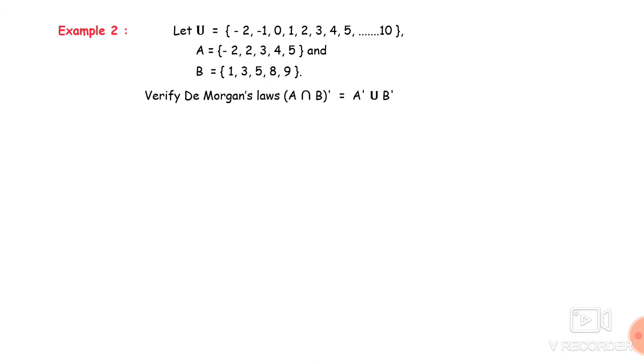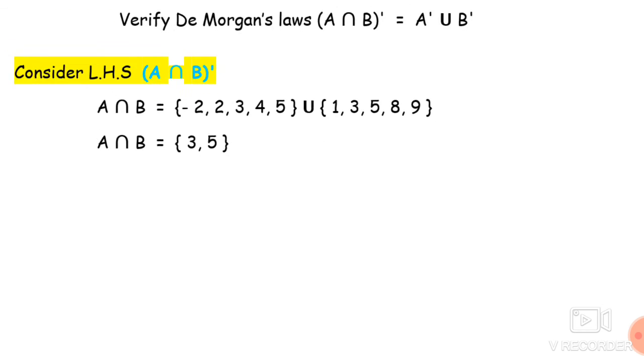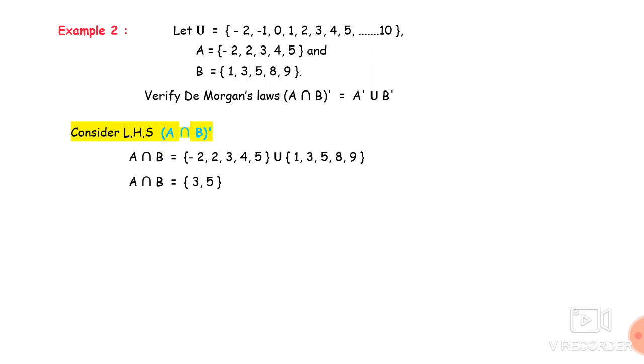It means we are going side by side, taking the left hand side first, which is A intersection B whole complement. To find the complement of A intersection B, we have to find A intersection B first. To find A intersection B, we just write down the common elements of set A and set B, which are 3 and 5. Now finding the complement.